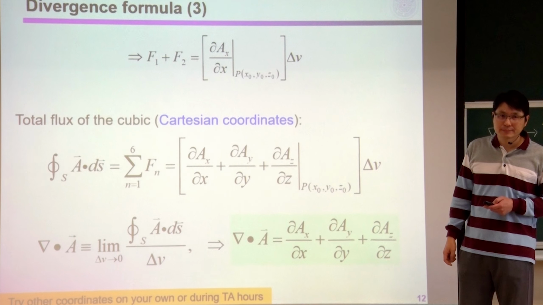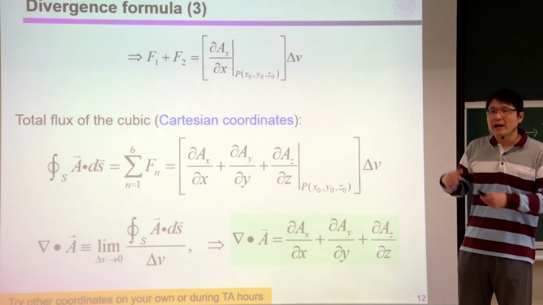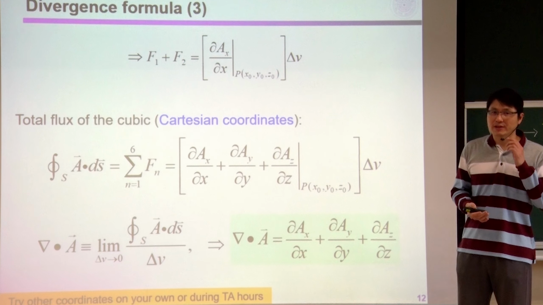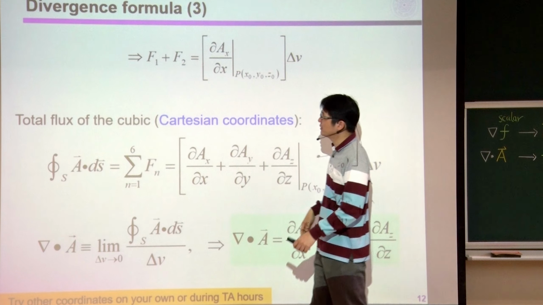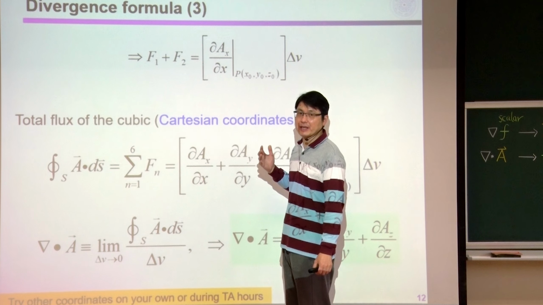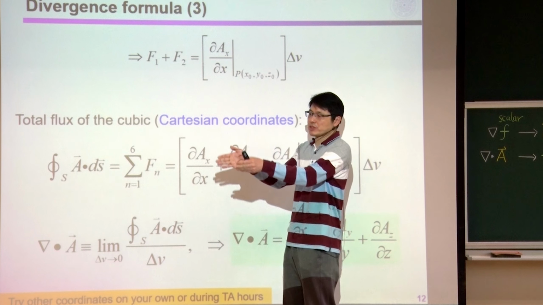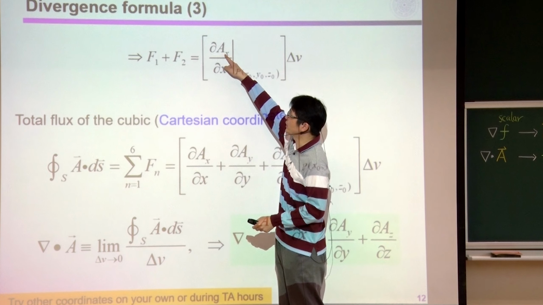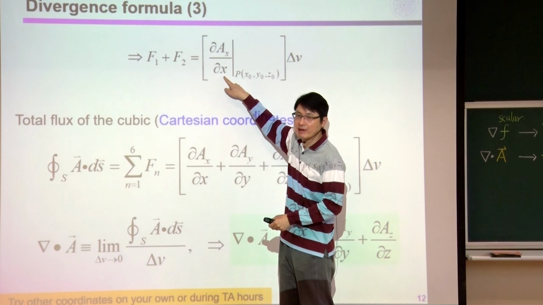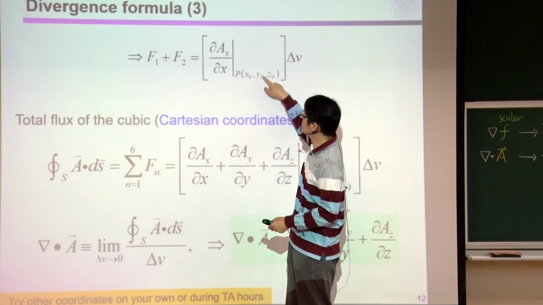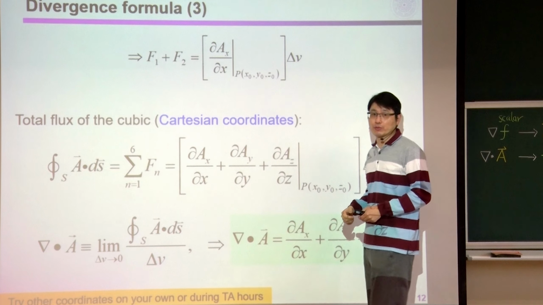I can repeat the process for the other 4 surfaces, but in the end, by the same analogy, whenever you do 2 surfaces, you have the partial differentiation for that given component to that given unit vector, evaluated at the center and multiplied by the differential value.